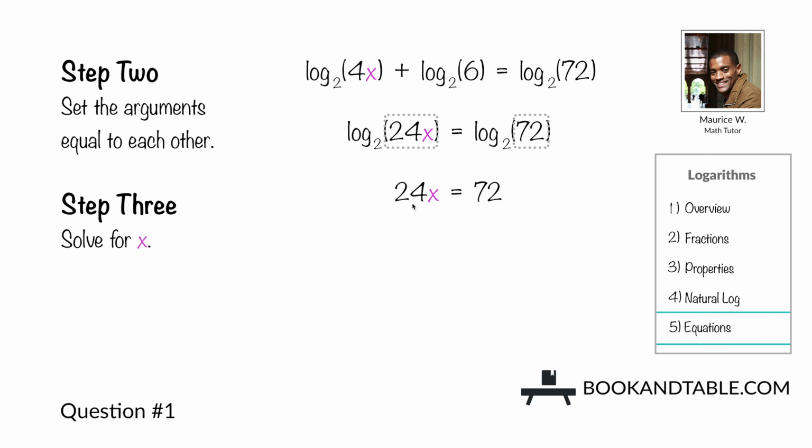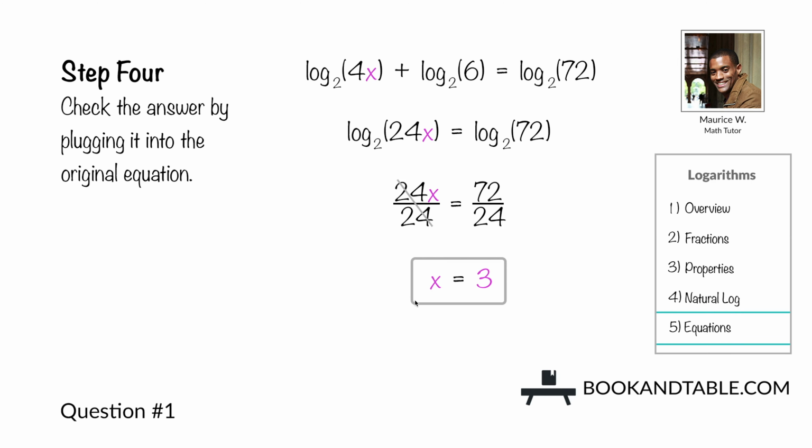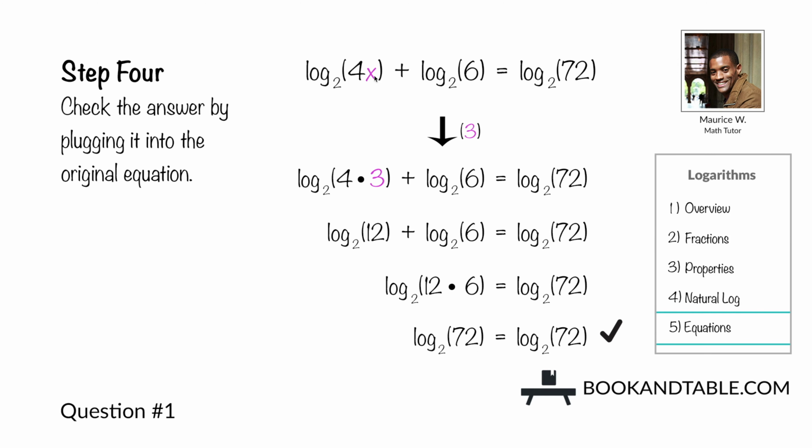And we can do so by dividing both sides by 24, showing us that x is equal to 72 divided by 24, which would be 3. And we can check the answer by plugging it into the original equation here for x. When we do so, we get the log base 2 of 4 times 3, which is 12.